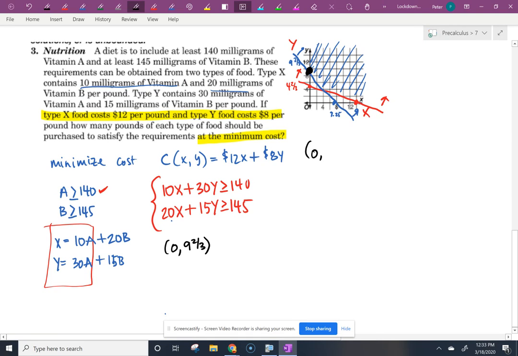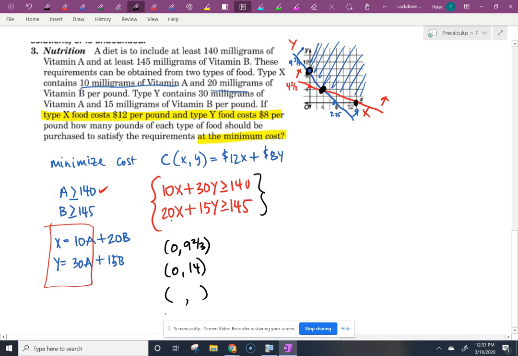Another point is this red one right here, and that was 14, so (0, 14). And another point bounding the region is the intersecting point. Notice those other 2 points aren't in the region, so I can't use them. That one I actually have to find out. It's the intersection of these two equations.